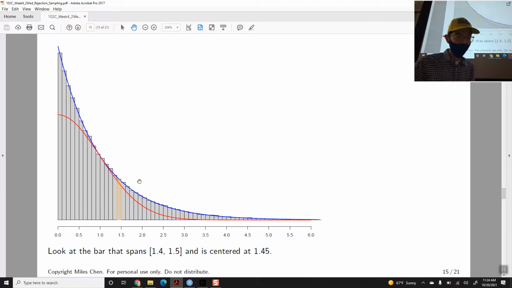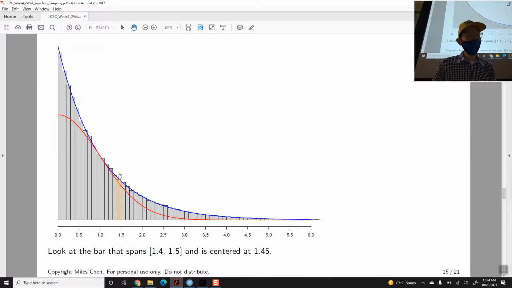Let's take a look at this location right here. This is a bar spanning from 1.4 to 1.5. It would be centered at 1.45. If we look at this, what's the ratio between the blue line and the red line? It's pretty close. If we generate a value at 1.45, we're probably going to accept it.